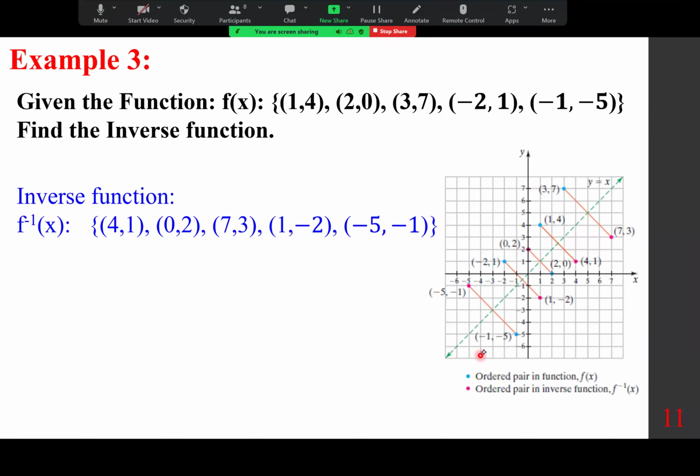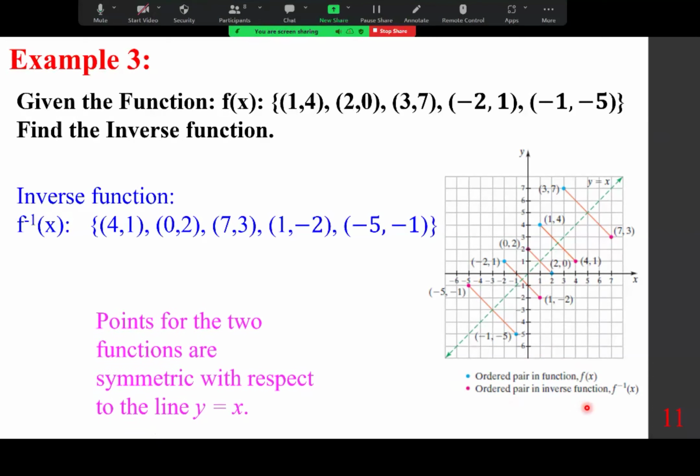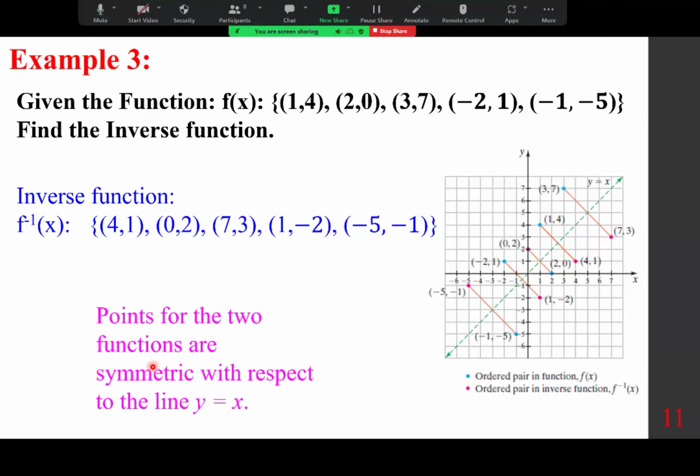And you do all of those pairs, you notice that the ordered pairs in function f of x are in blue and the red ones are for f inverse. And you notice the points for the two functions are symmetric with respect to the line y equals x.